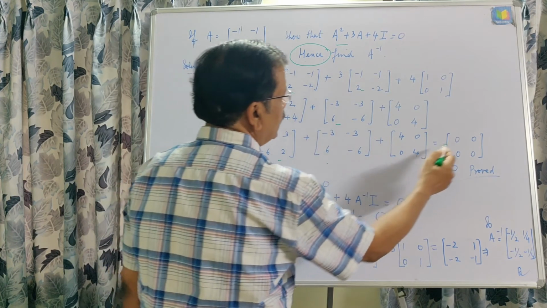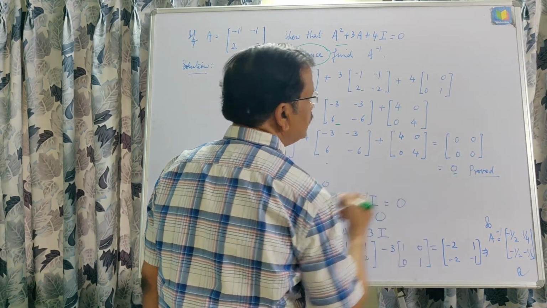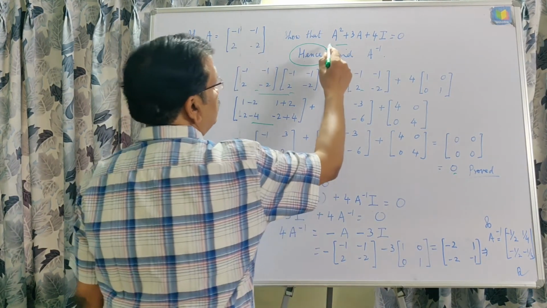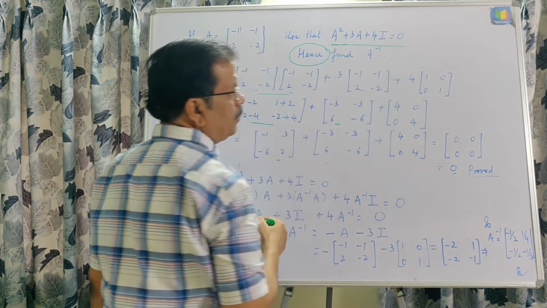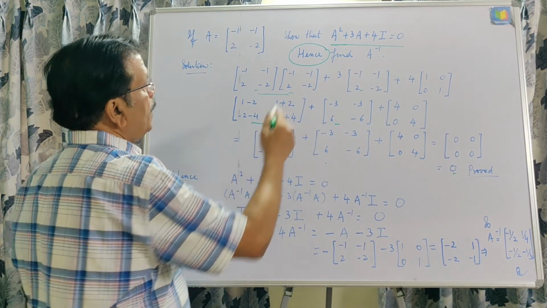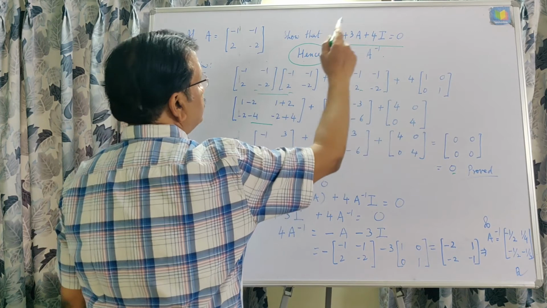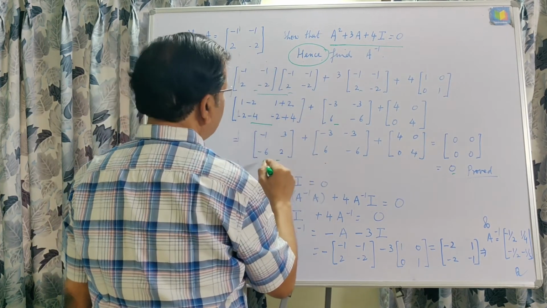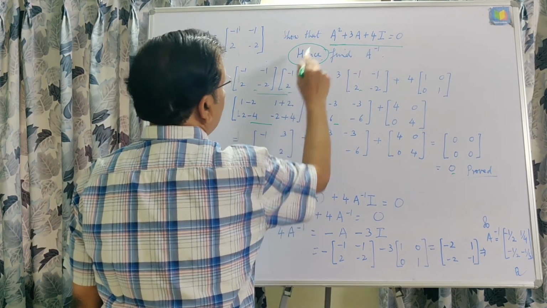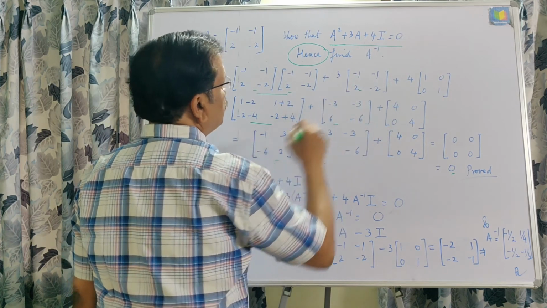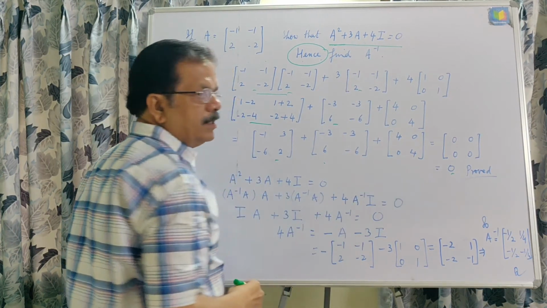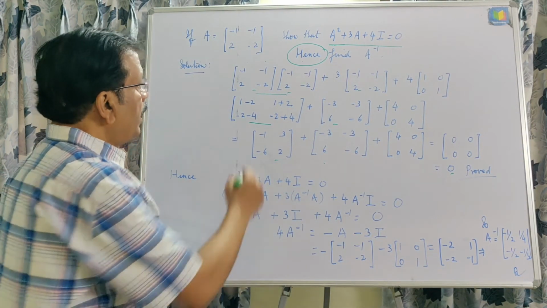After adding, we are getting [0, 0; 0, 0], that is the zero matrix or null matrix, where all the elements are 0. So this way we have shown that A square plus 3A plus 4I is 0.